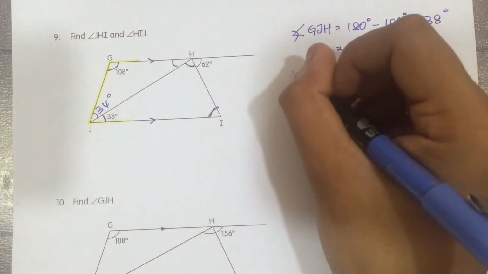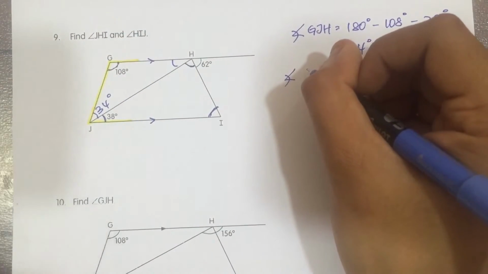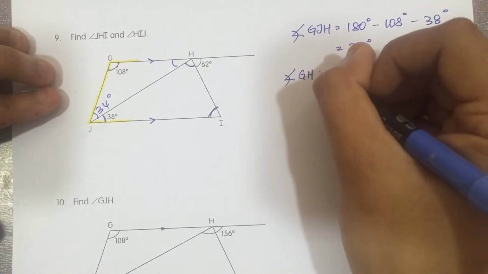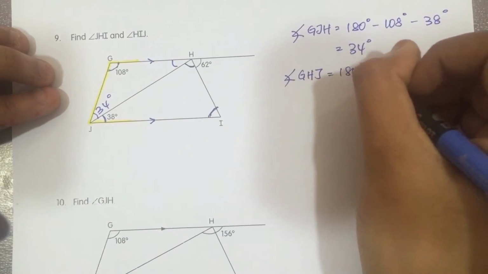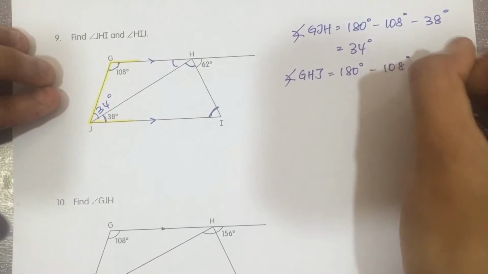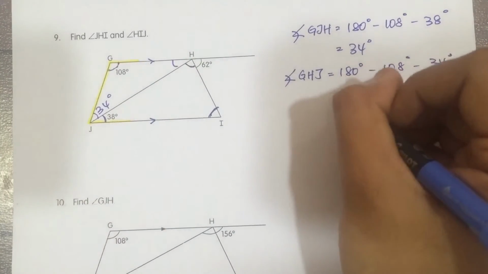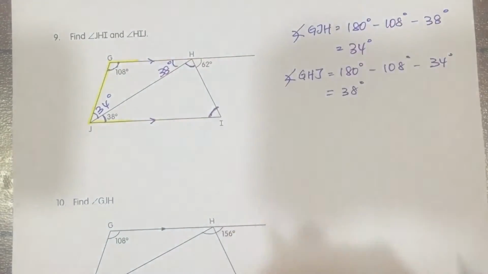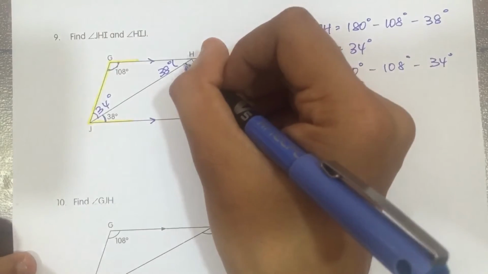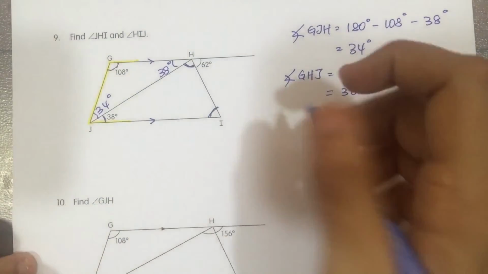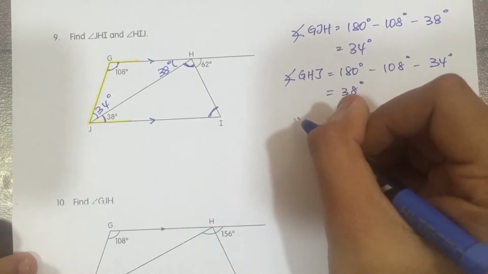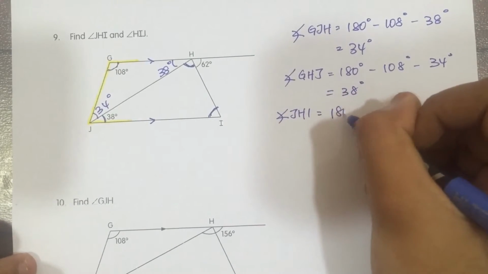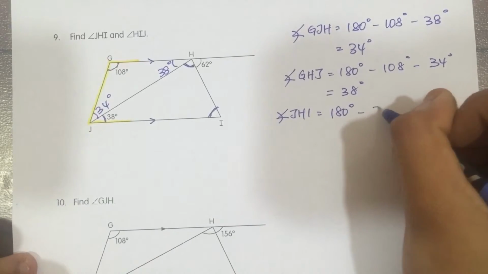This over here, using sum of angles in a triangle, I can find GHJ. Now I can find this angle here, which will be GJHI, using angles on a straight line.